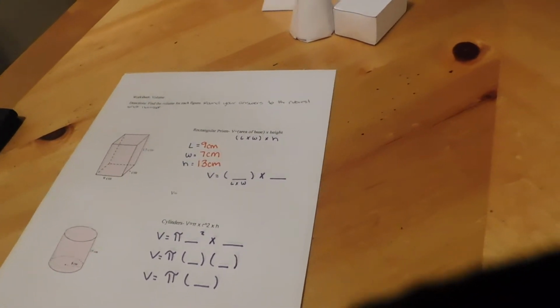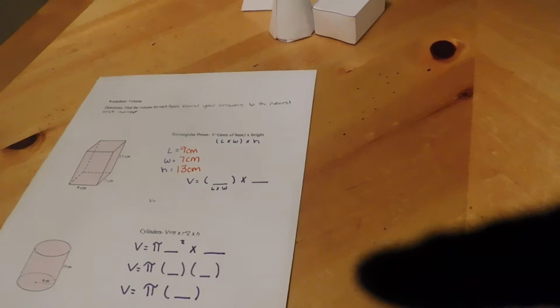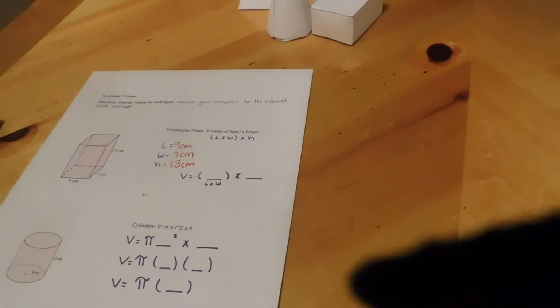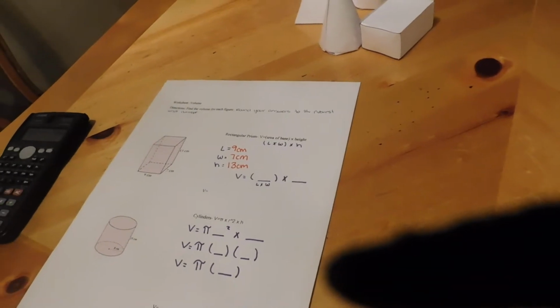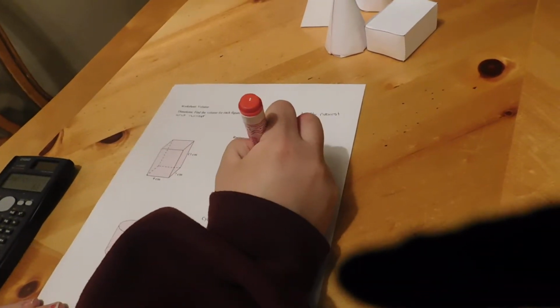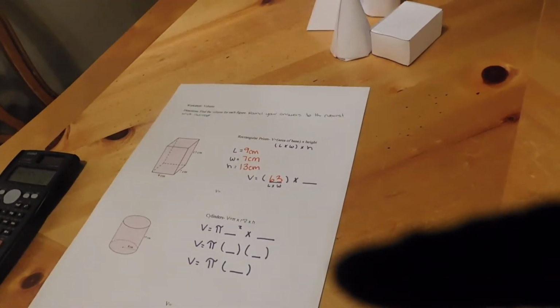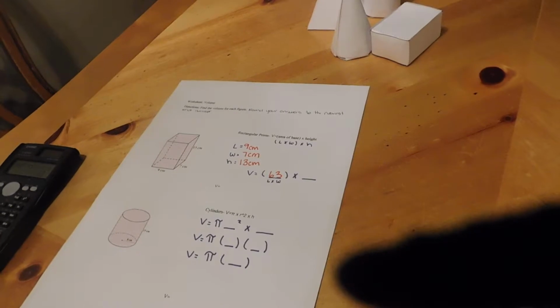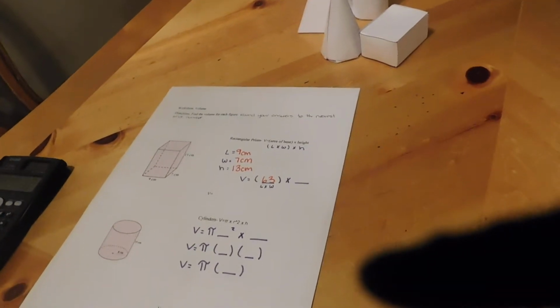Good job. So to find the area of the base, you're going to take the length times the width. What is the length times the width? Good job. Then you're going to take the area of the base and multiply it by the height.